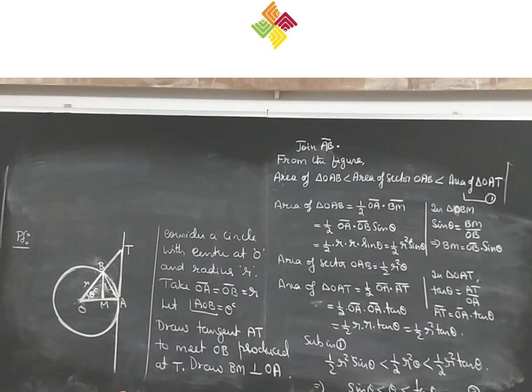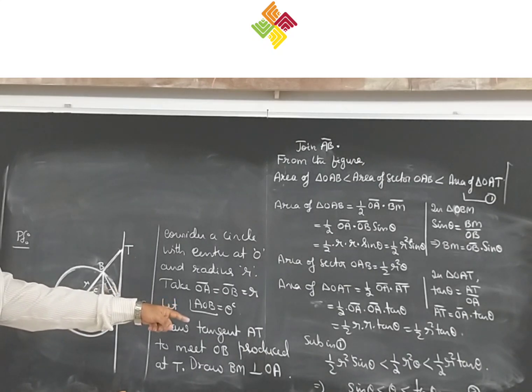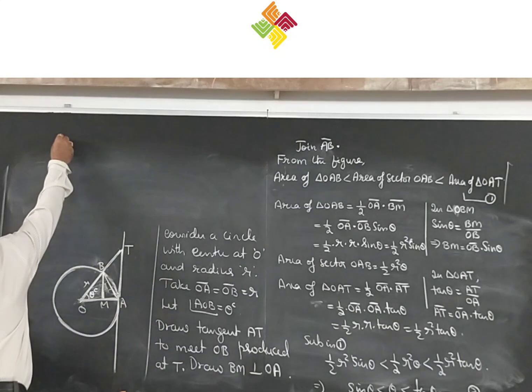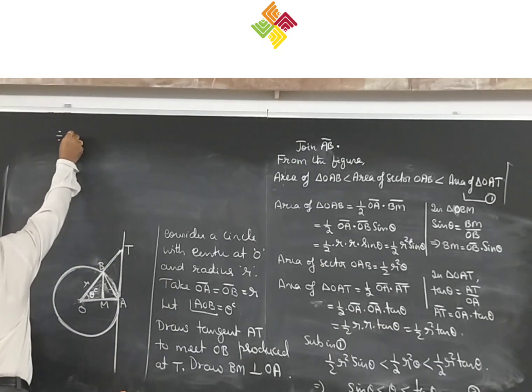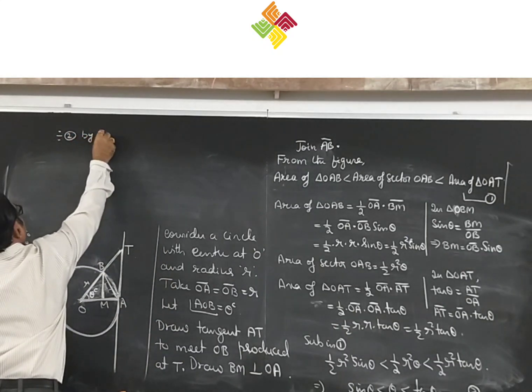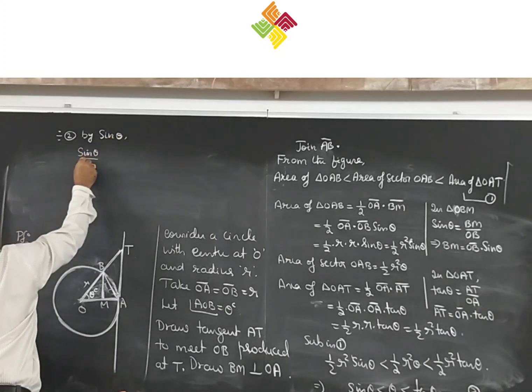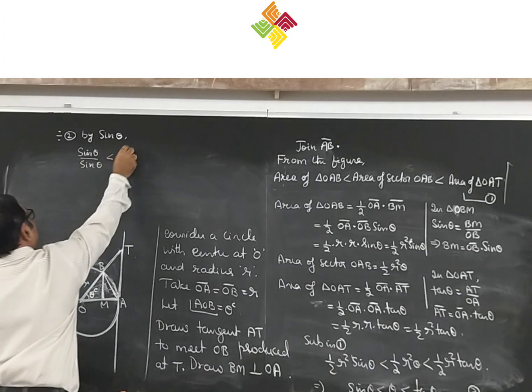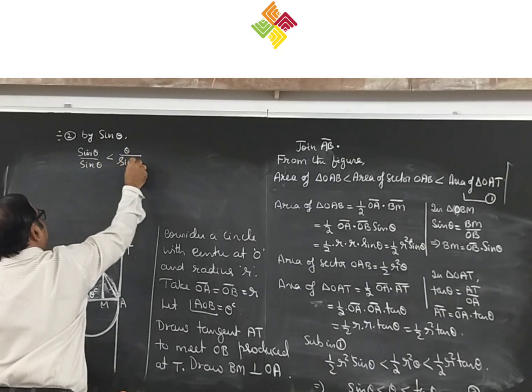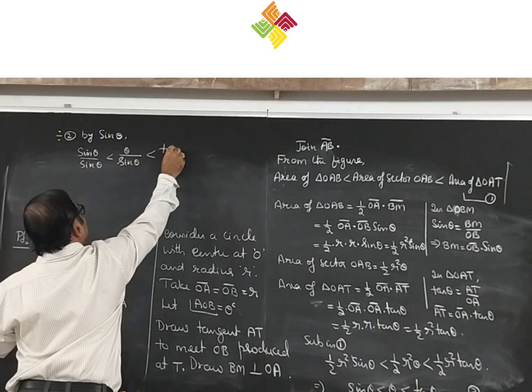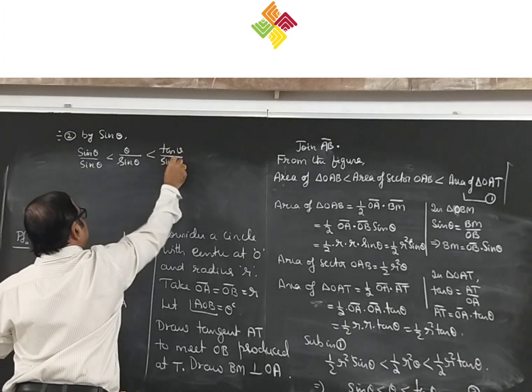Well, now what do you want? Limit theta tending to 0, sin theta by theta. So, you divide equation 2 by sin theta. What do you get? Sin theta by sin theta, theta by sin theta, tan theta by sin theta.